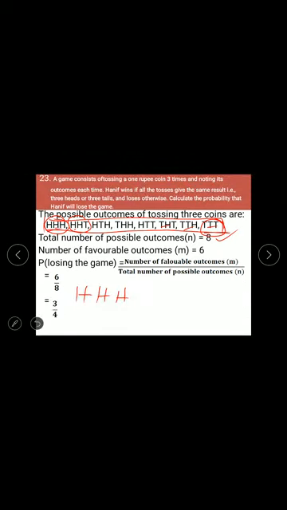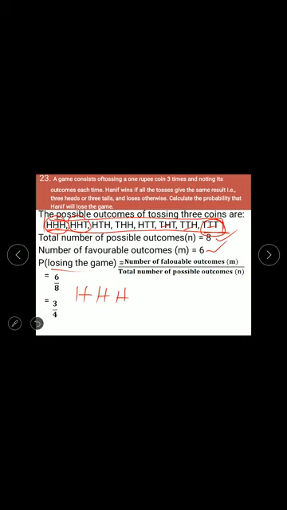Otherwise he will lose. So out of those 8 possible outcomes, in how many cases will he win? He will win only 2 times. That means how many chances are there to lose the game? The number of favorable outcomes will be 6. It is asking for losing the game only.